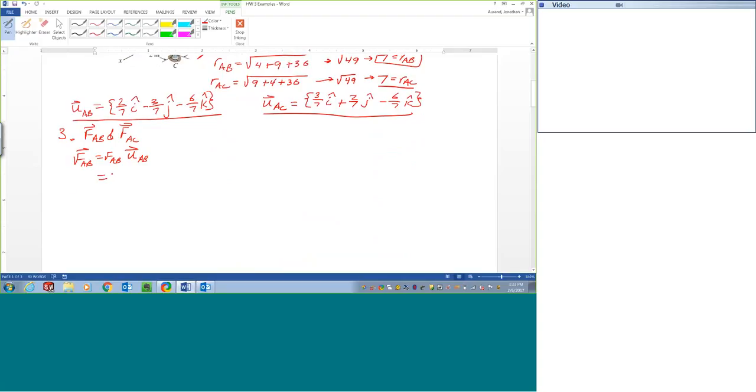FAB, recall, is 700 newtons. We're going to multiply that by 2 over 7 i, negative 3 over 7 j, negative 6 over 7 k. Nice math working out here. So we're going to divide by 7, and we get 200 i minus 300 j minus 600 k newtons. That's FAB.